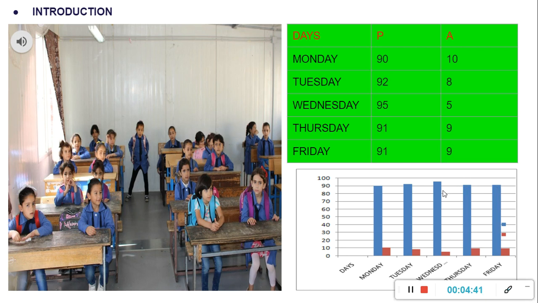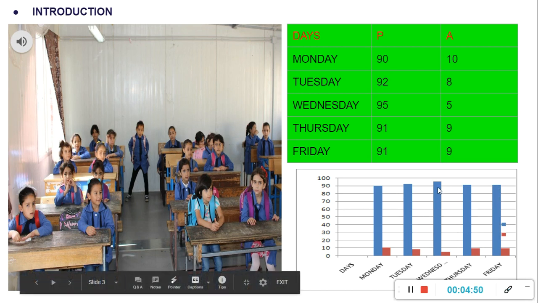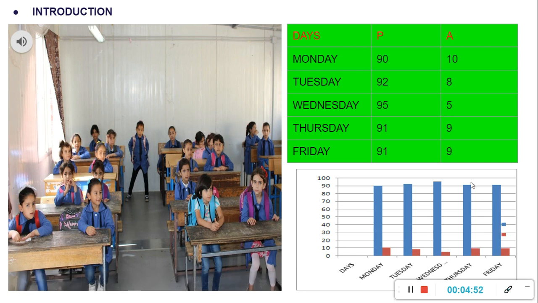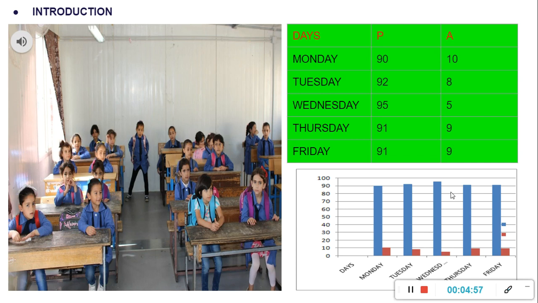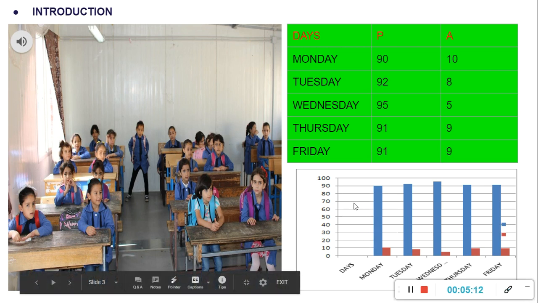So these bars which we have drawn for each day, looking at the height, or just looking at this picture, you can immediately say that the attendance was highest on Wednesday and it was the lowest on Monday, just by looking at the height of the bar, right? Now you tell me which one seems to be easier.